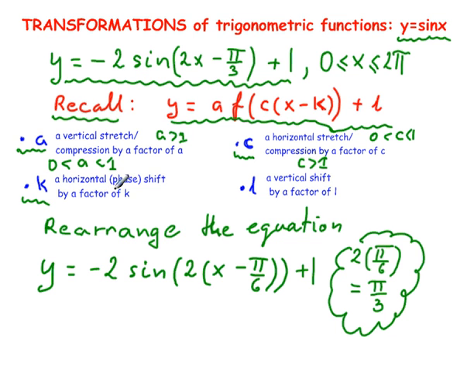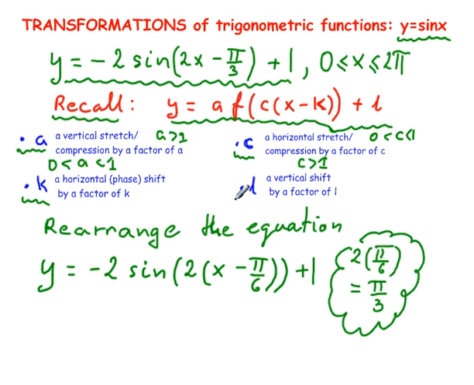Coefficient K, the next constant in the formula, is responsible for horizontal shift, left or right. In the context of trig functions, we will also use the term phase shift instead of just horizontal shift. When you see variable x minus a number, you shift the entire graph to the right. When you have x plus a number, you anticipate moving the graph to the left.